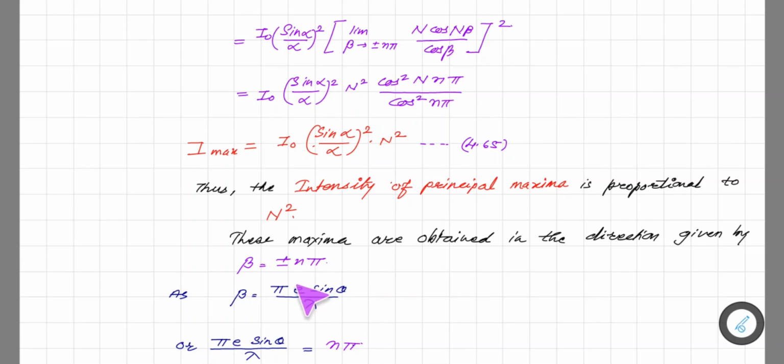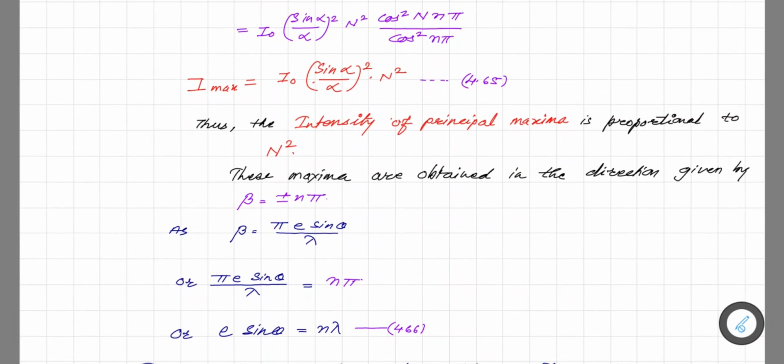If we equate these, beta is equal to n pi means pi e sin theta upon lambda is equal to n pi. We get the condition e sin theta is equal to n lambda, and this is basically the condition for maxima.